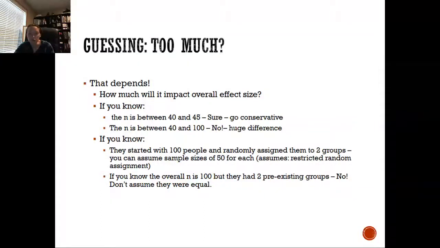So you want to read through your article very carefully. You want to read through it a couple of times because sometimes you miss details the first time. Is the information in a place that you didn't initially see? Can you guess?